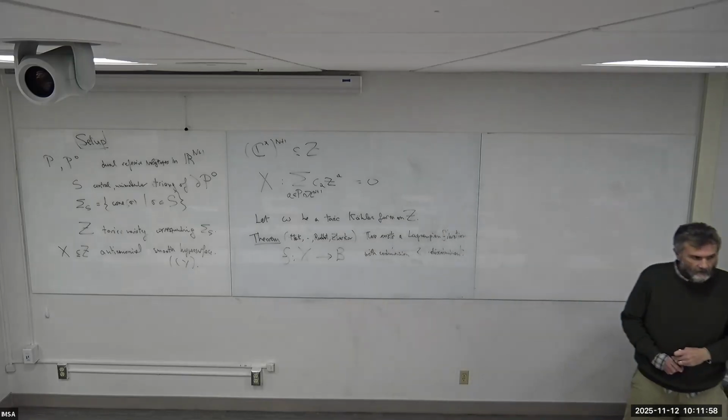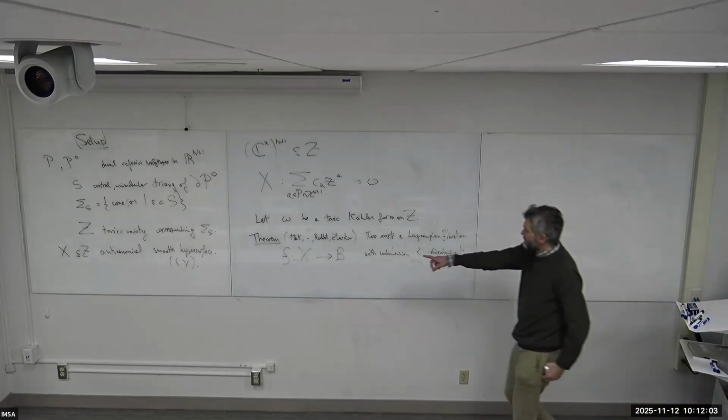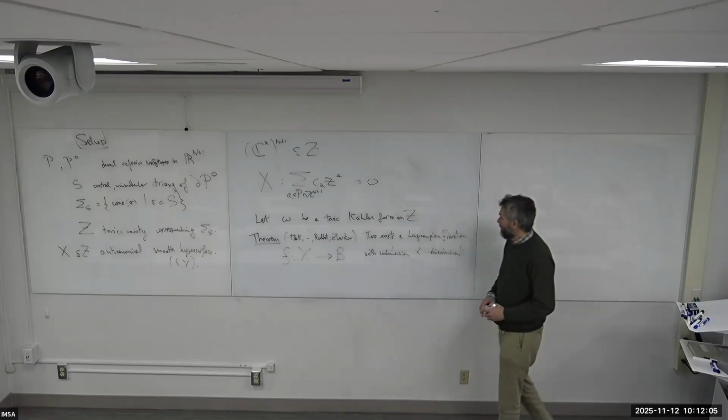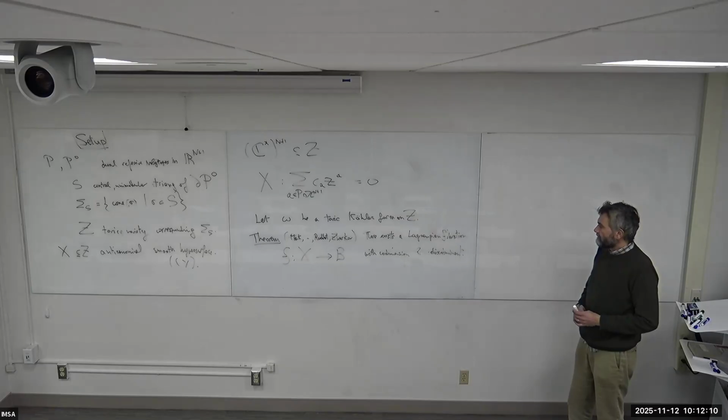The discriminant is the set of singular fibers on the base, the set of points on B that correspond to singular fibers here. So this is the statement.